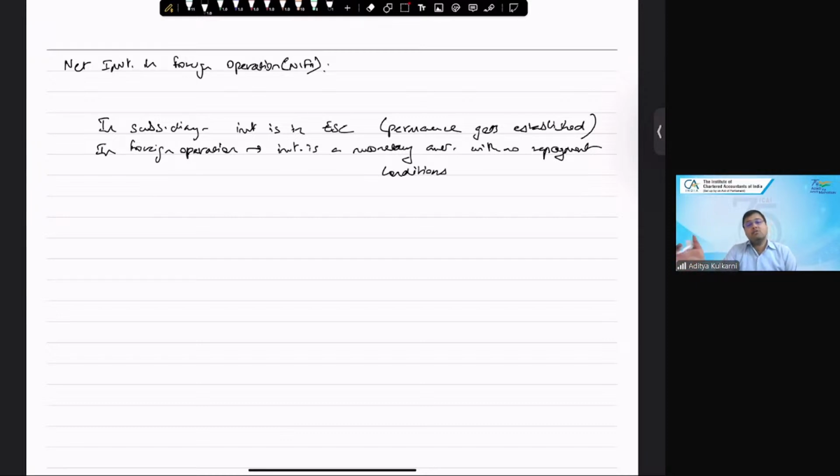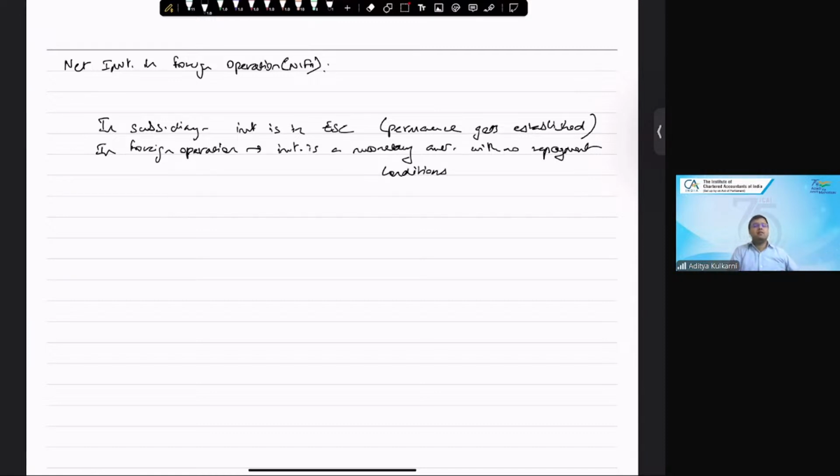Only thing is, it is not a conventional investment where I got the shares, but it is an investment where I have done a cash contribution with no repayment expectations. Similarly, in this case, I make an investment in a foreign operation and I give some cash there, some $5 lakh or something, and I tell you, carry on the business with this money. I don't expect this money from you. So are you establishing a permanence to that 5 lakhs?